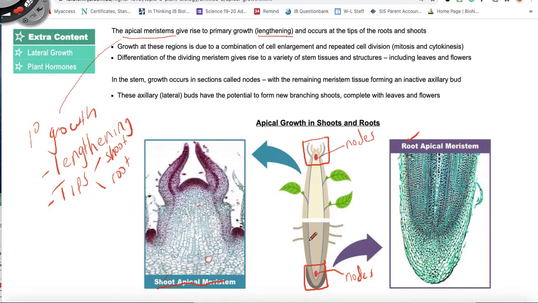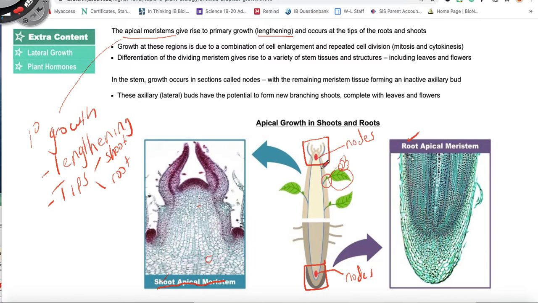These blue lines that I am outlining right now, these axillary lateral buds that arise from the meristem region, this is meristem tissue that is going to give rise to new branches, new leaves, and new flowers as well.